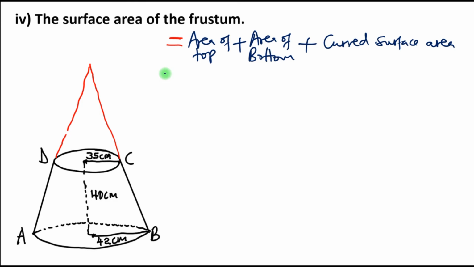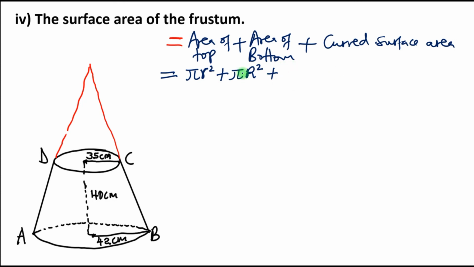So the area of the top will be given by pi r squared. Since it's circular in shape, we use small r to represent the smaller radius of the top. Pi r squared plus the area of the bottom, pi capital R squared, then plus the curved surface area of a cone.